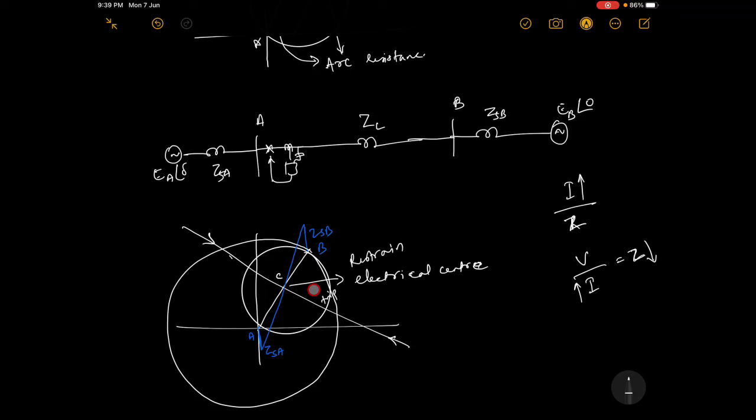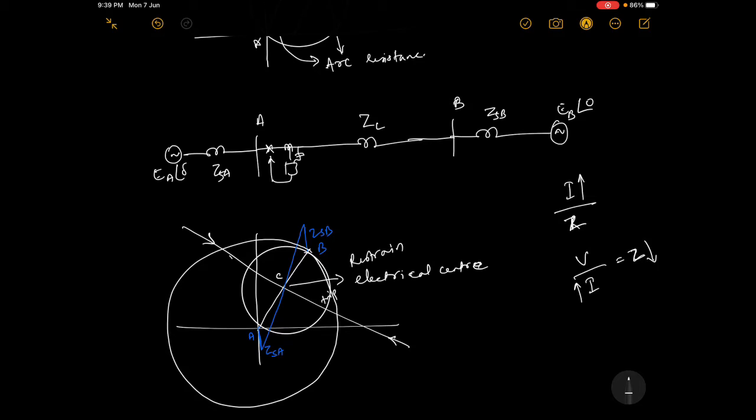It will not operate for more area. Since the operating area lies inside the circle and is less, there is an advantage over the impedance relay. So that's it about the impedance relay.